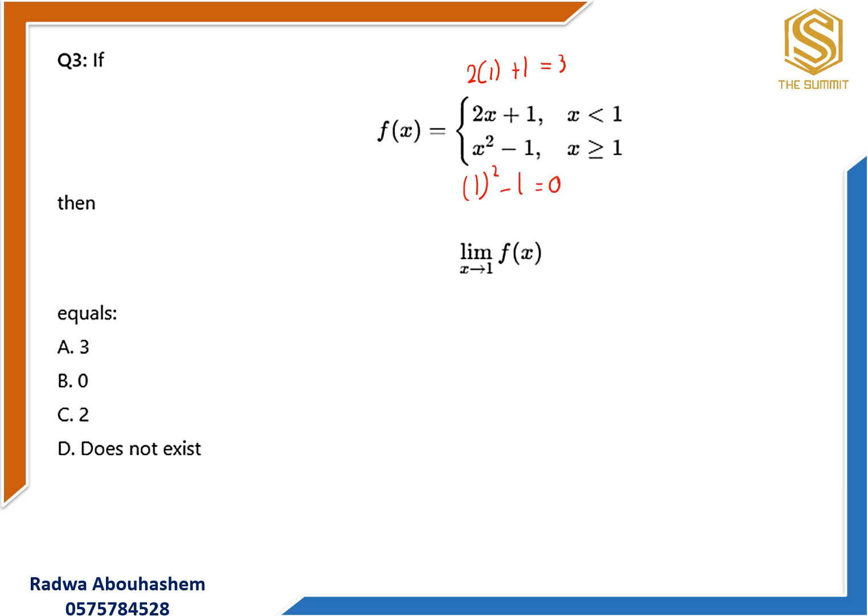Here's the 1, and you have the right side and the left side. On the right side, which is greater than or equal to 1, it's equal to 0. And on the left side, it's 3. So this means that your limit does not exist, because the limit from right does not equal the limit from left.